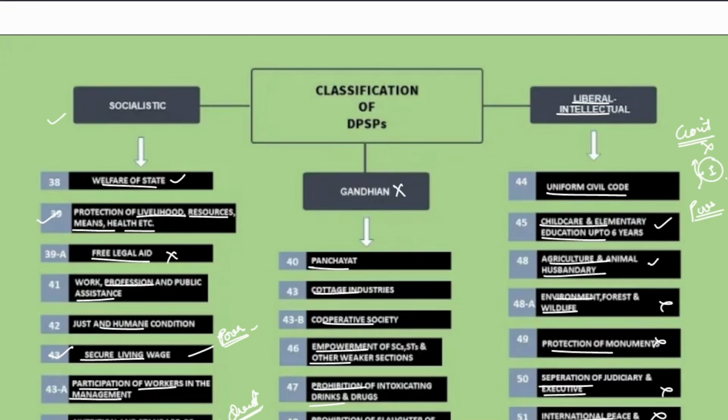What is getting affected are those DPSP relating to income generation, or the economic DPSP. There are multiples, especially in the socialistic principles. We see that a secured living wage is not coming to people. Participation of workers in management is also not coming, because if one cannot take up education, then they will not be skilled enough to be part of the workforce.